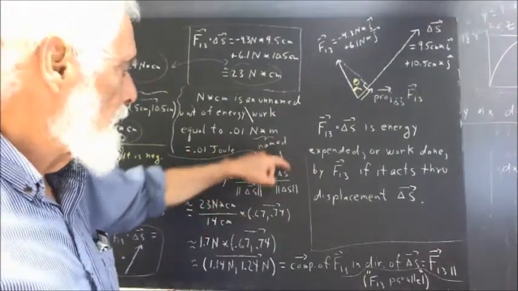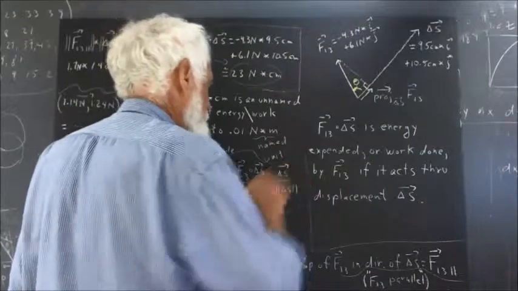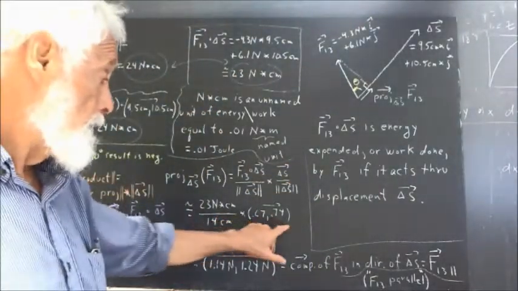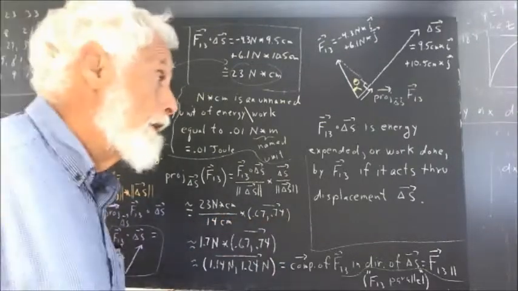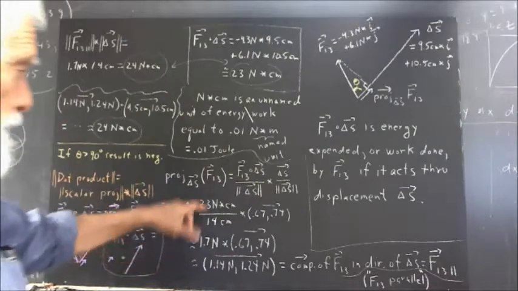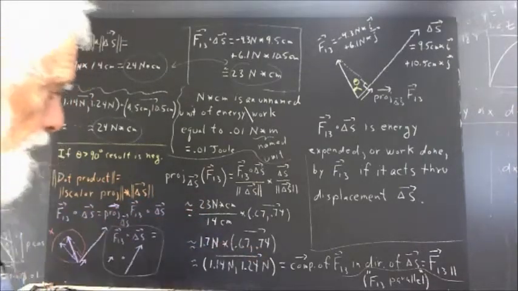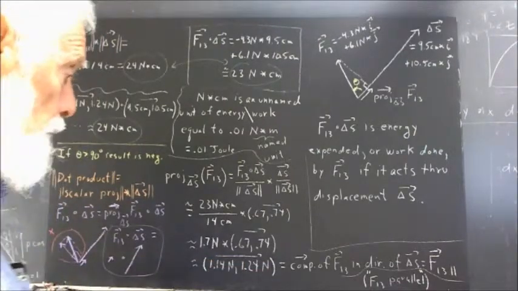And that's multiplied by delta S over the magnitude of delta S, and I should have had a vector here and a vector here. And we get the vector, our familiar 0.67, 0.74 unit vector. And now we multiply that by, well, this divided by this is 1.7 newtons. Multiplied by this, we get something like 1.14 newtons, 1.24 newtons.